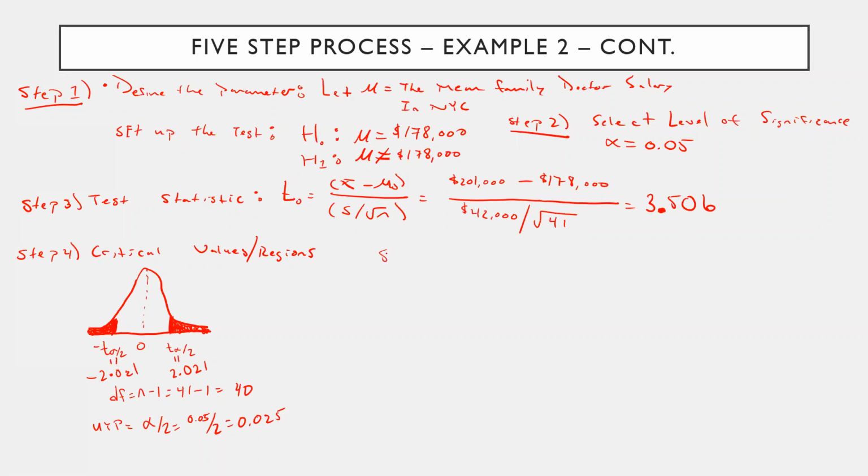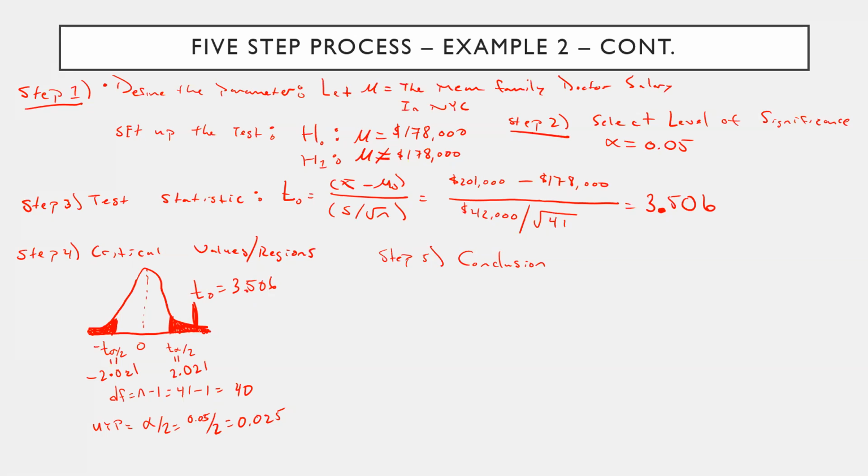So now step 5. This is your conclusion. So treat this as a number line. Here's 0, here's 2.021. Is this number over here somewhere? Yes. So it's in the critical region.